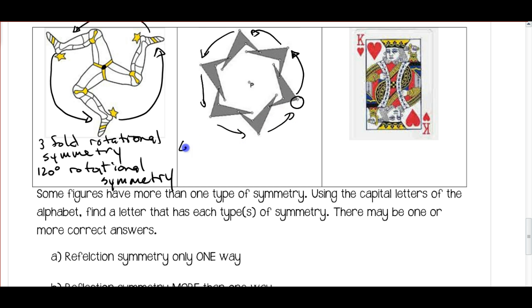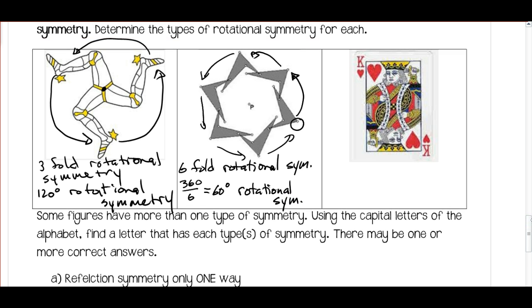So this has six-fold rotational symmetry. Or we could say it has 360 divided by 6, which would be 60-degree rotational symmetry.